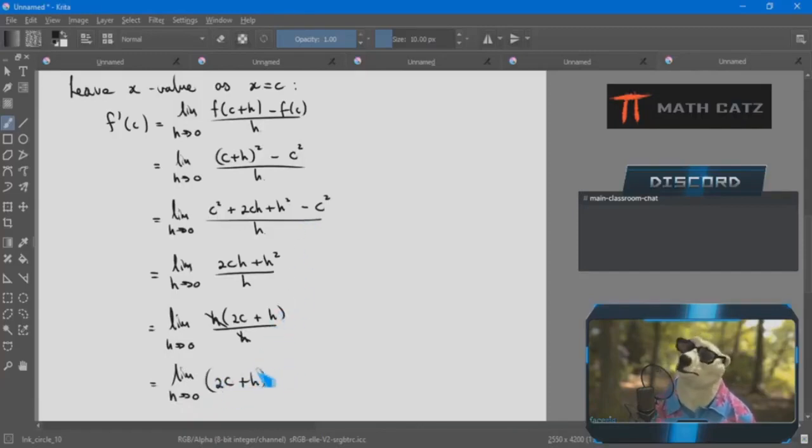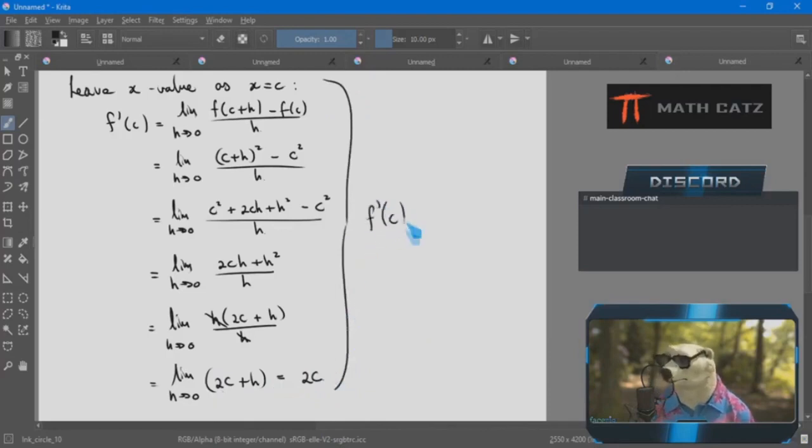Now, the h is the variable in this limit. h goes to 0. The c is as if it's a specific number. So h is the variable thing. This is a polynomial in h. Plug in 0 for h, I get 2c. So all of this to get a formula, in this case, 2c.